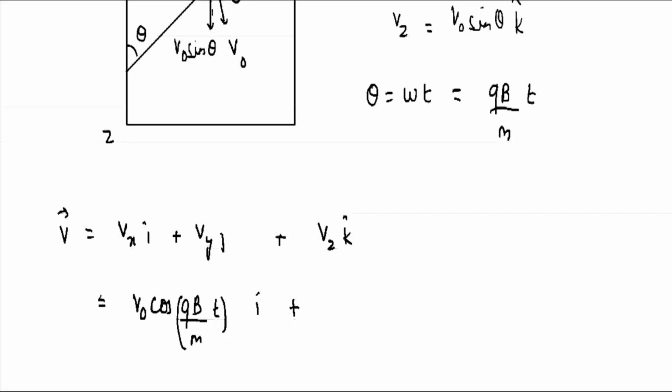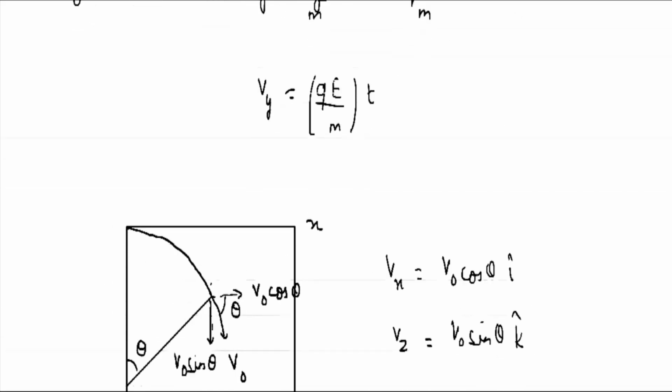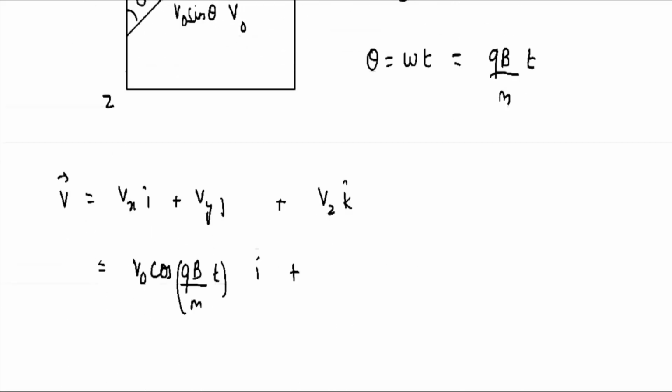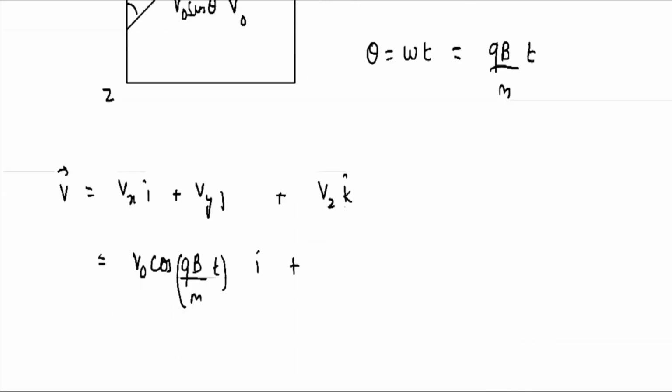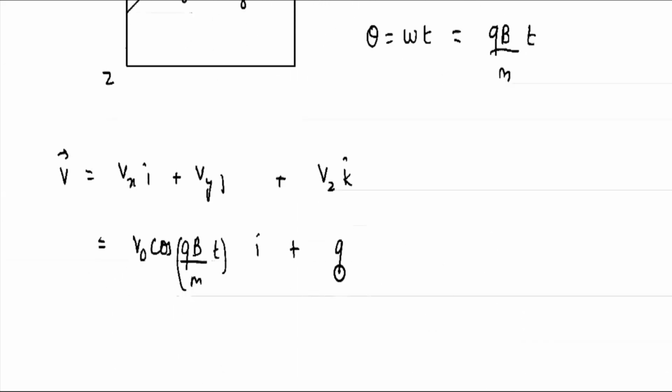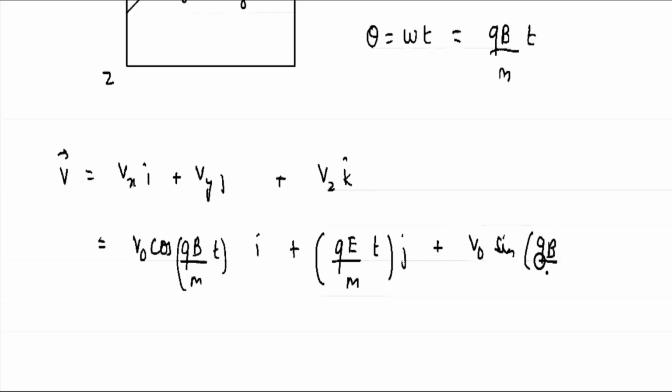What is the velocity y? We have derived it as qE divided by m into t, in the j direction. And velocity z would be v naught sine theta, where theta is qB divided by m into t, in the k direction.